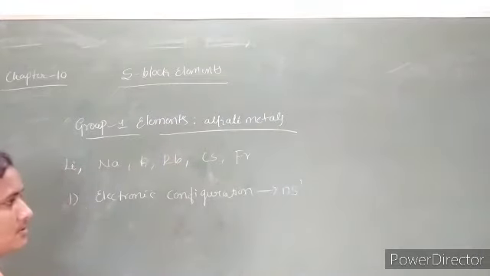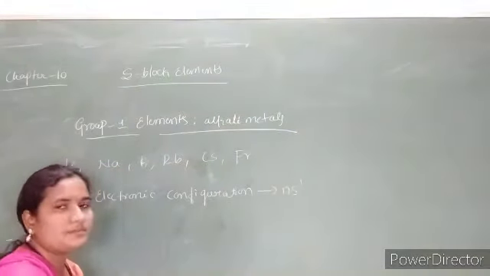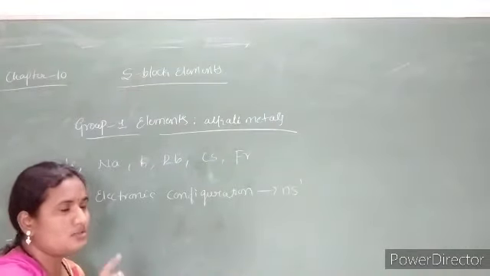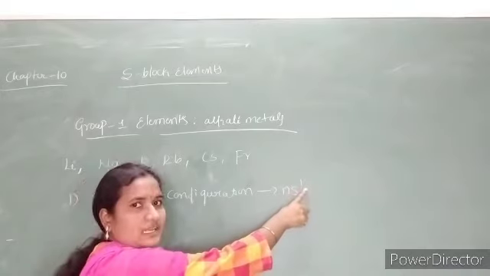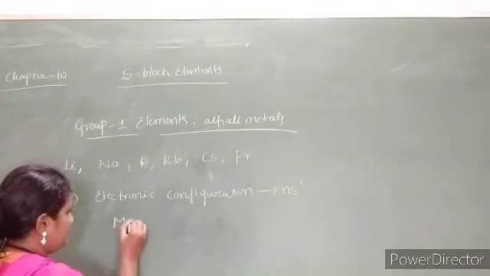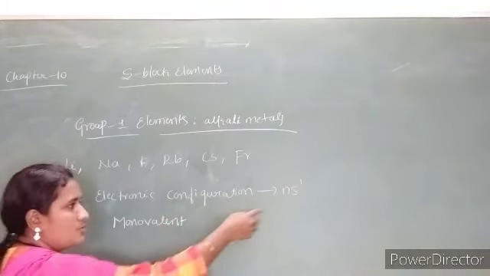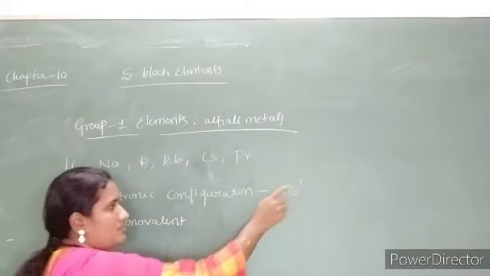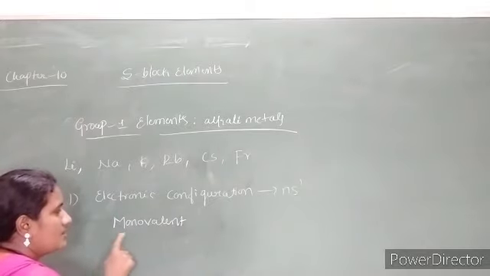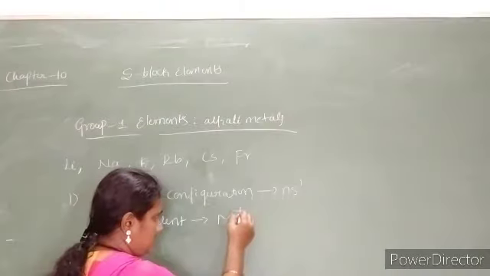ns1 is the electronic configuration, which means the last electron enters the s orbital and it has only a single valence electron. After removing this single electron from the s orbital, these elements will become monovalent, symbolized as M+.